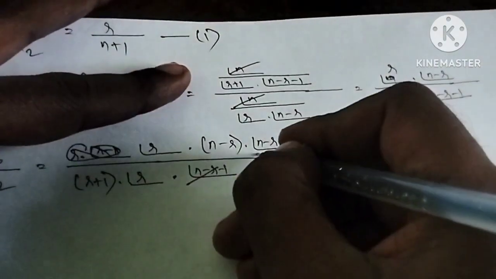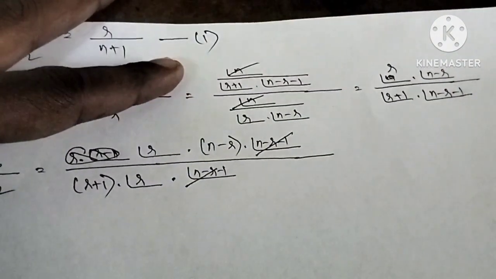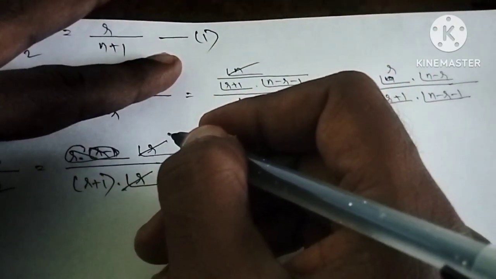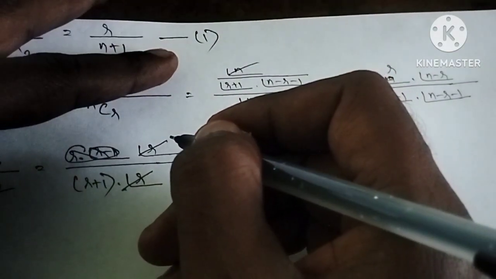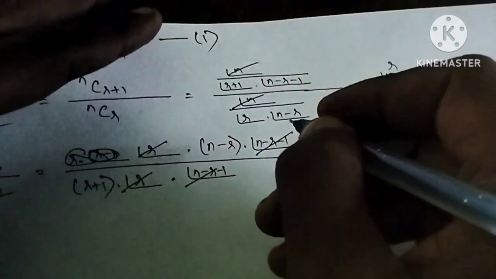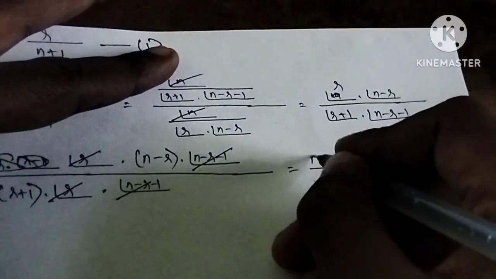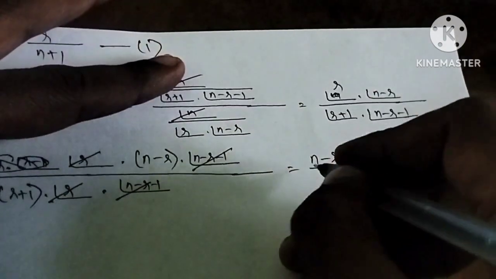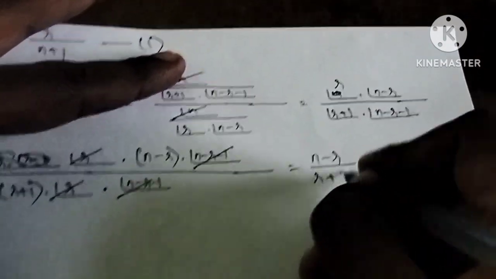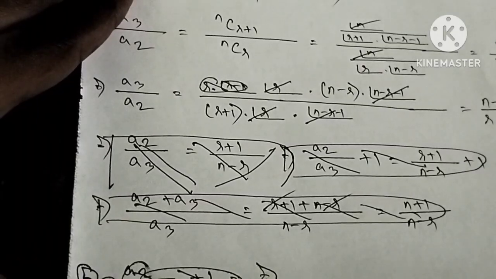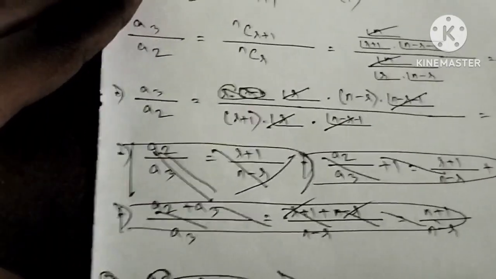So the (n-r-1) factorial cancel each other, r factorial will cancel each other. So it will be (n-r) by (r+1). So a3 by a2 is this.